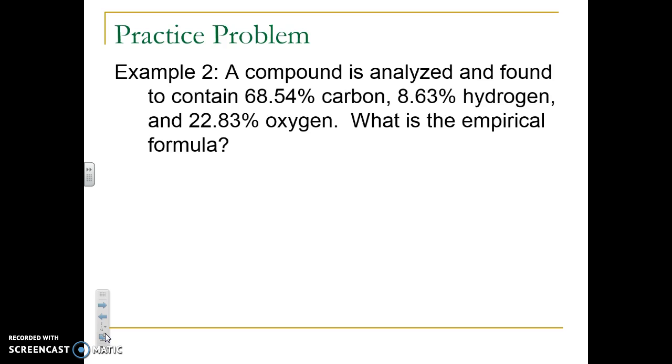Again, we're given percentages and asked for the empirical formula, so we know we're going to use our poem. I'll write it again up here for our reference. Percent to mass, mass to mole, divide by small, and multiply to whole.